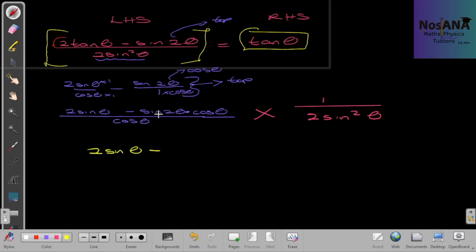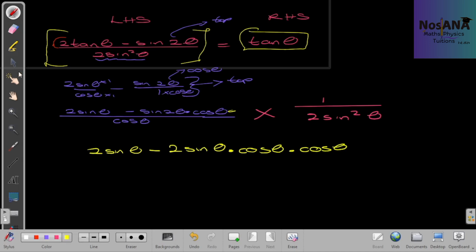The good thing about the 2 sine theta, we know what it is equal to, don't we? We know that sine 2 theta, the double angle, is always equal to 2 sine theta times cos theta, isn't it? But then we have another cos here, this one here. I'm going to say cos theta like that.